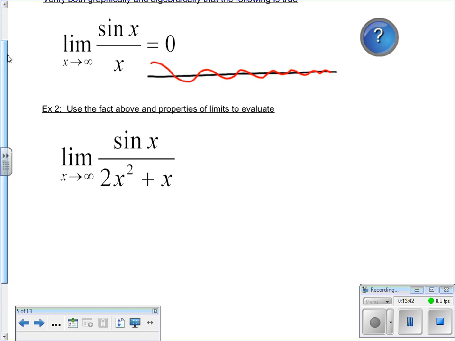This one actually gets smaller faster than that one does. Because when I get out to like 1,000, 1,000 squared is a whole lot bigger than 1,000. When I got out to 10 million, I squared 10 million and the extra term became really insignificant.